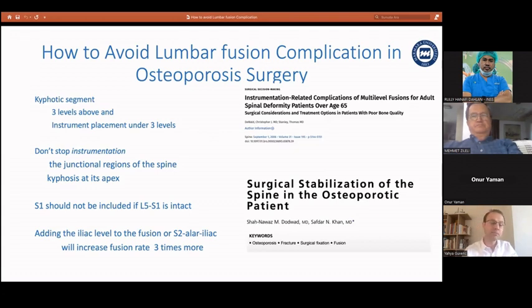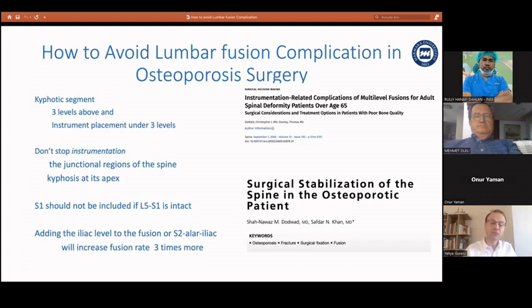But sometimes a patient comes to us with a neurological deficit, so we must use these instrumentations. We use them very rarely in osteoporotic patients because they have very high complications.